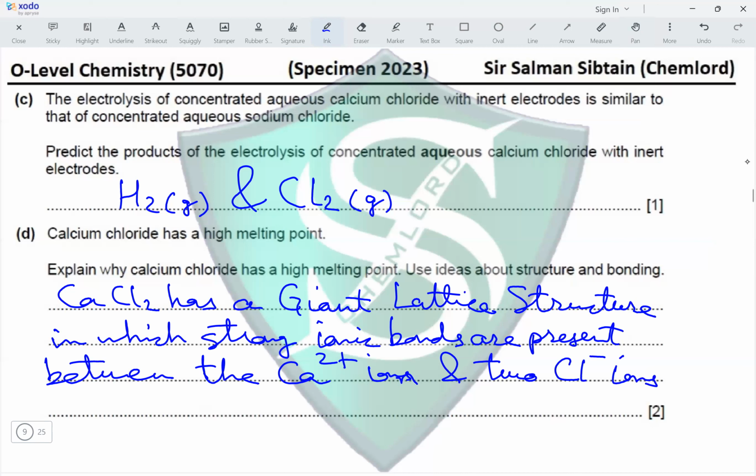So this ionic bond, also known as the electrostatic force of attraction, holds the cation and the anions in a solid lattice arrangement, which is also a giant lattice, and hence we have described the structure and bonding in CaCl2.